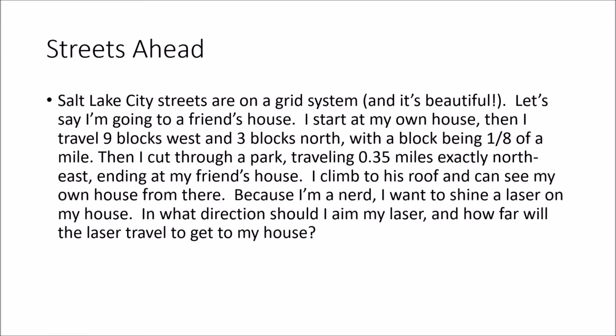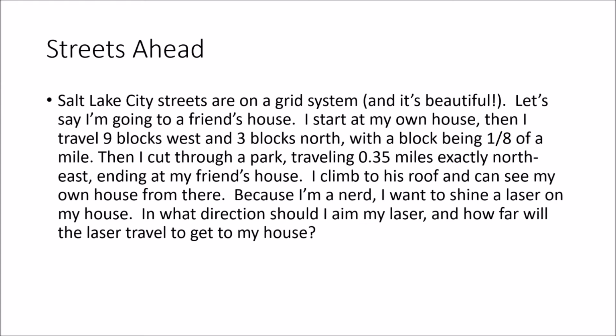I have this example problem. Salt Lake City streets are on a grid system, and it really is beautiful, this grid system that they have in Salt Lake City. All the streets are either north-south or they're east-west, and the names of the streets are actually the coordinates of those streets. I can tell you my very old address there, it doesn't matter anymore.